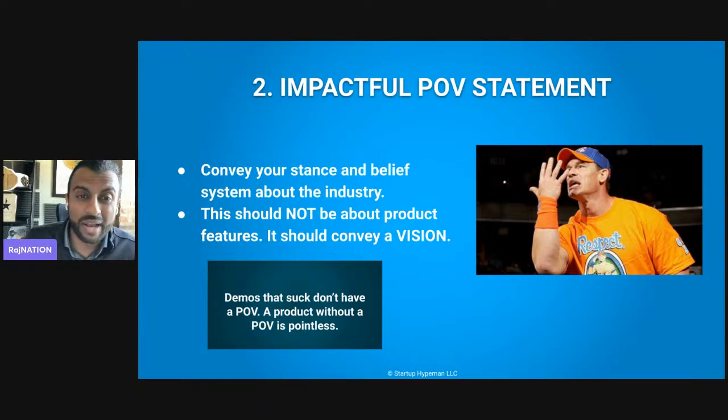Companies that don't figure out their voice end up becoming commoditized and lost in the noise. But the companies who do figure out their voice ascend to the top of their category and set the rules for everyone else. So that's our point of view.